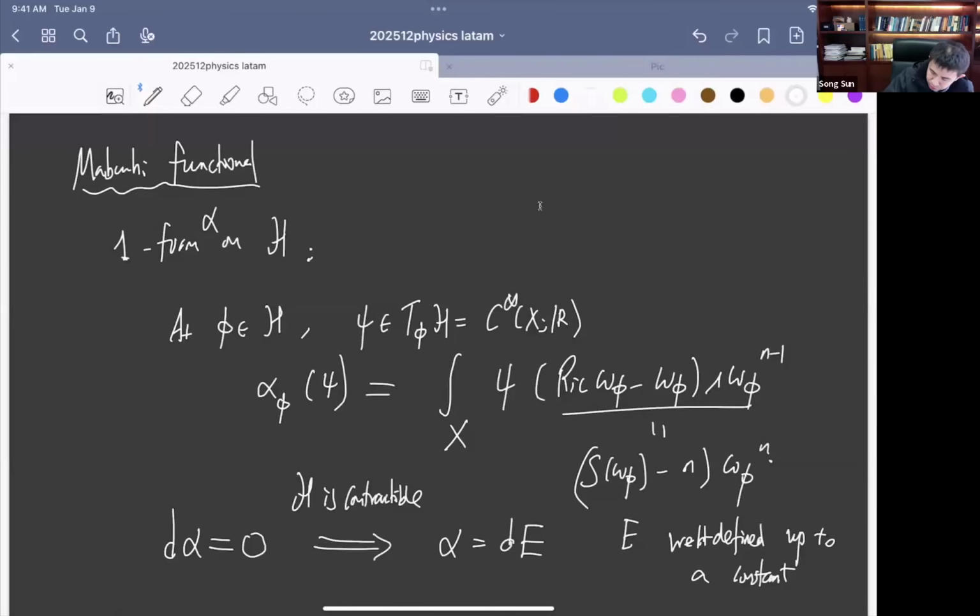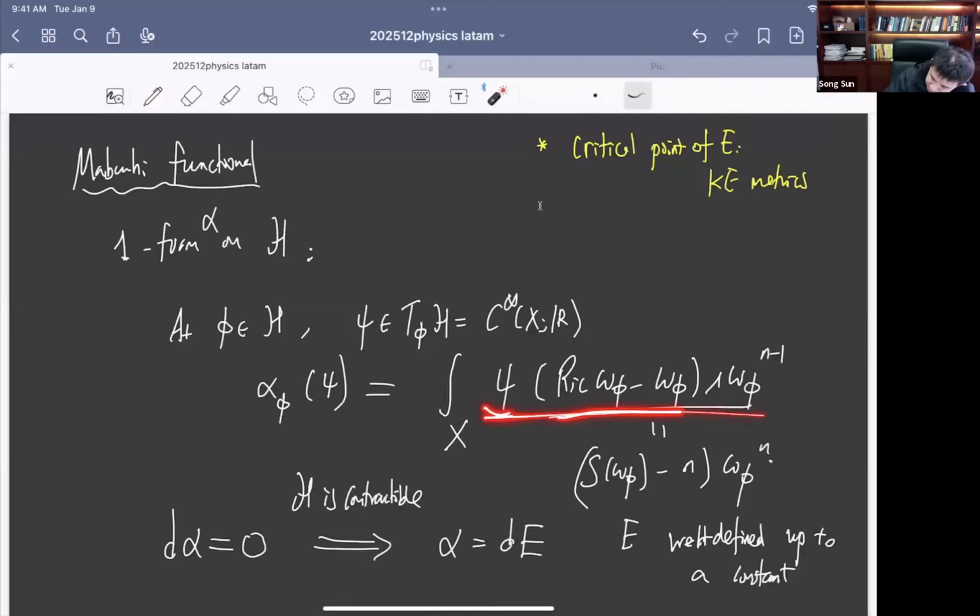It has two properties. First, it is obvious that the critical points of E are exactly the Kähler-Einstein metrics. That is, if this is 0 for all psi, then this has to be 0.